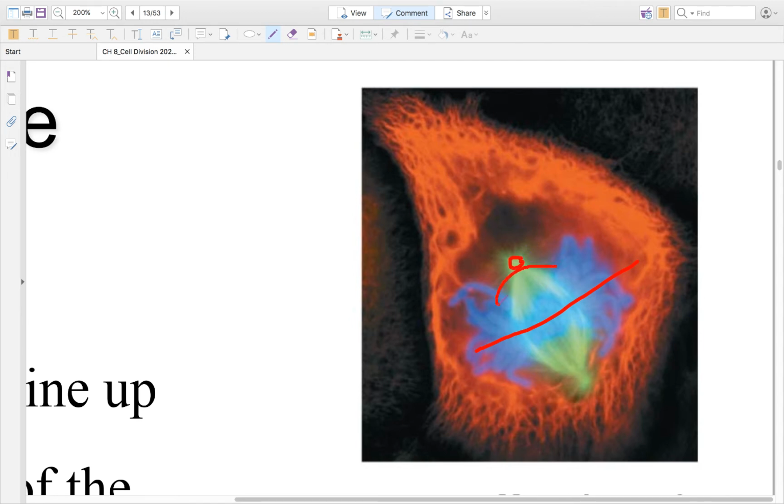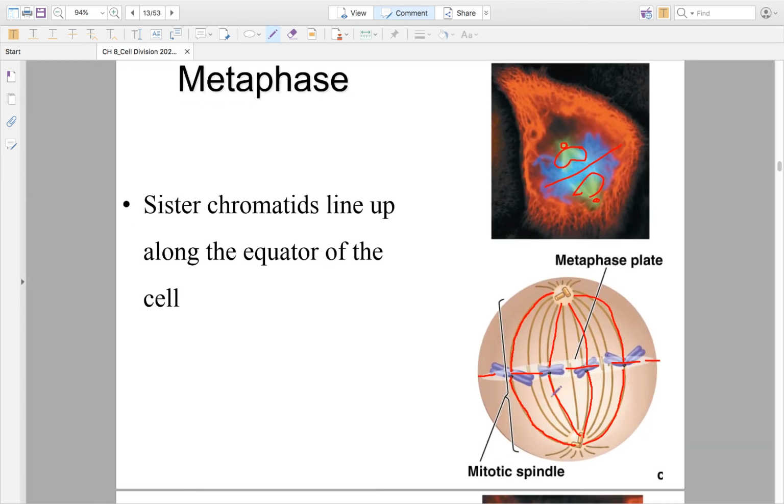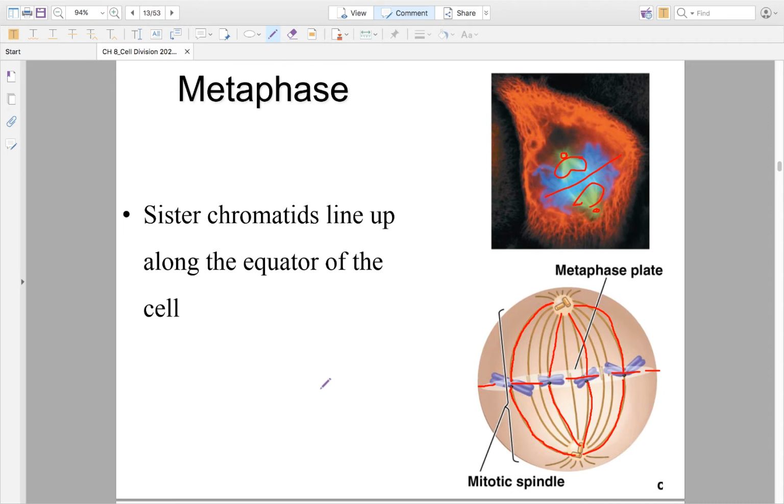You can clearly see the mitotic spindle in green. Centriole, mitotic spindle. Very good. So metaphase is known for one distinction: all of the sister chromatids line up at the center of the cell, or the equator of the cell.